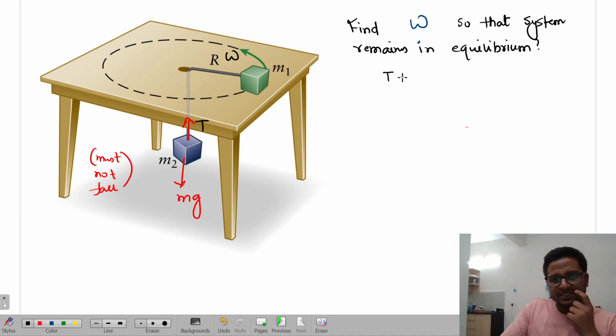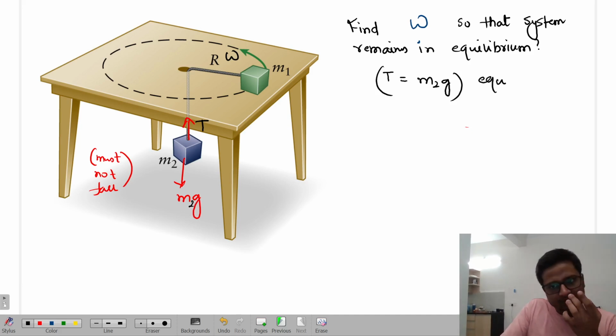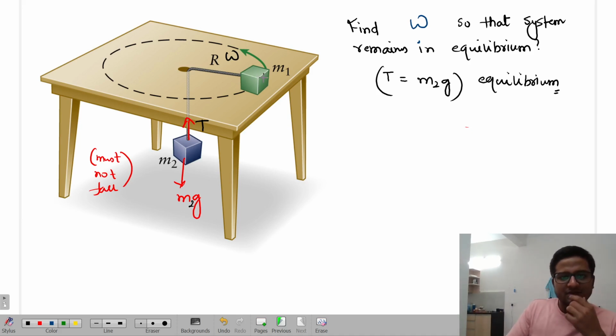So the first condition is T equal to m2g for the case of equilibrium.